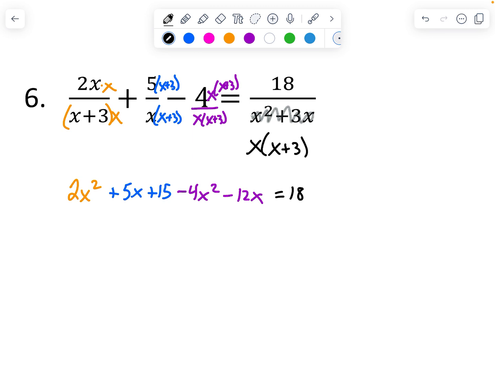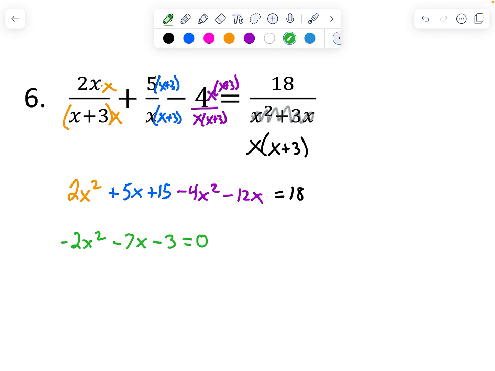Okay, now we have a quadratic, so we've got to set it equal to 0. I'm going to move the 18 over and just combine like terms over here. So we have negative 2x squared. Something weird will happen on this one. I'll show you in a second. Negative 2x squared, combine the x's, 5 and negative 12 is negative 7, minus 7x, and then you've got to move this over here to get minus 3 by subtracting 18.